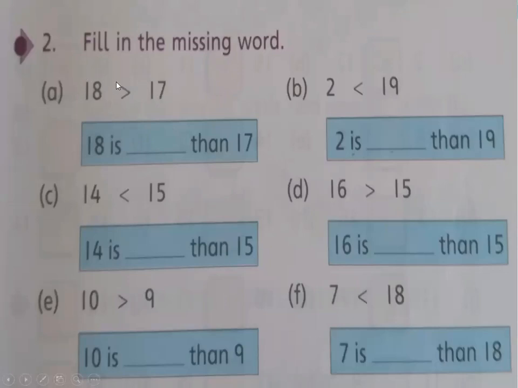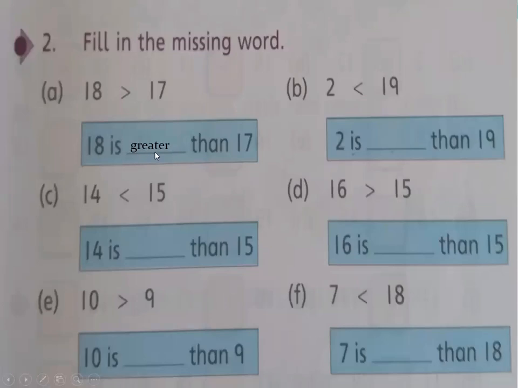I told you if the number is bigger or greater, which sign will become? Yes, greater than. Ishal, Irha, Shanze, all of you are right. So 18 is greater than 17.